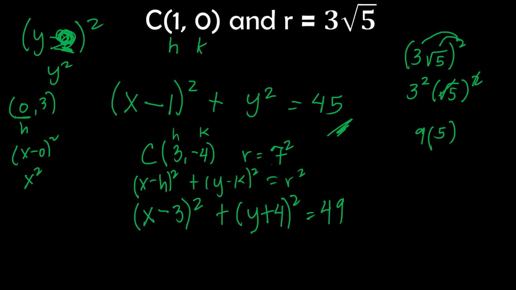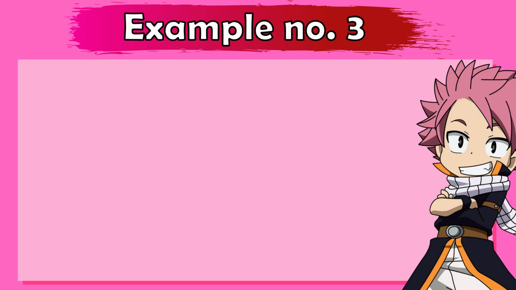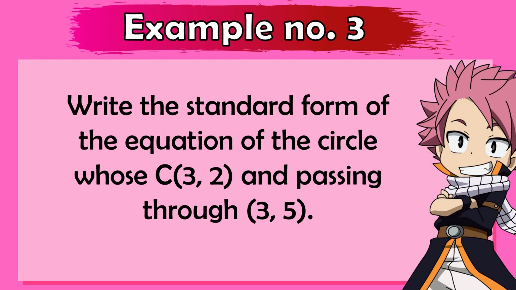Now, let's move on to something different po with example number 3. So let us read. Write the standard form of the equation of the circle whose center is at 3, 2, and passing through 3, 5.